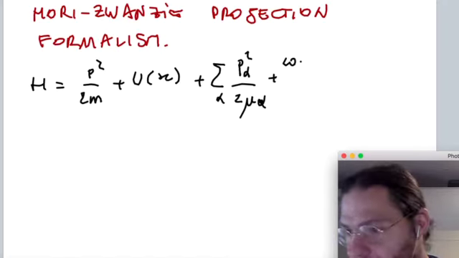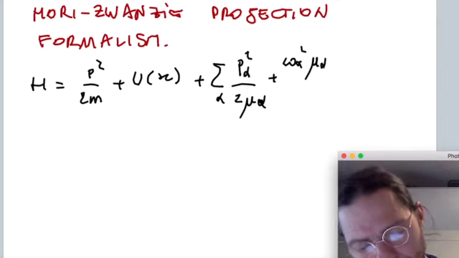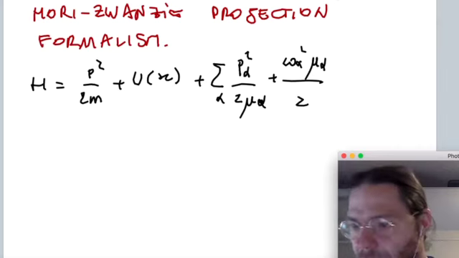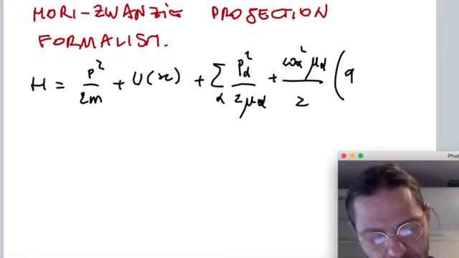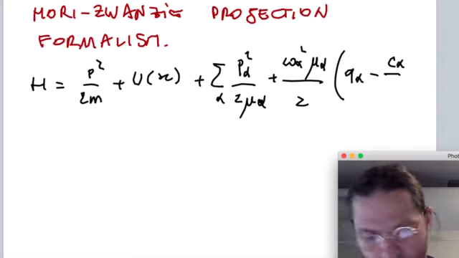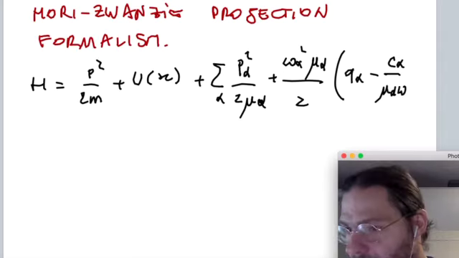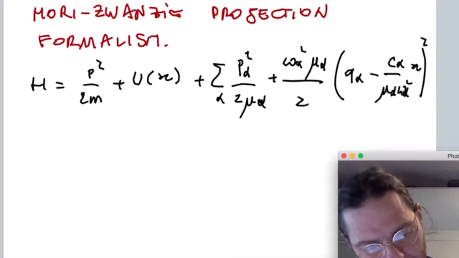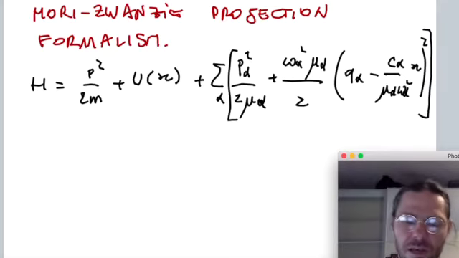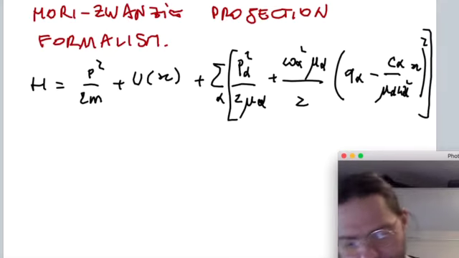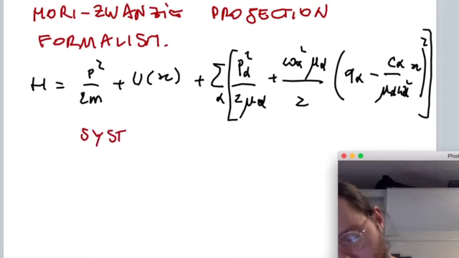Now, obviously you need to couple the harmonic oscillators to your system, or else they will remain just two independent worlds. Let me put a summation here and a parenthesis here. So now you see, this is my system.